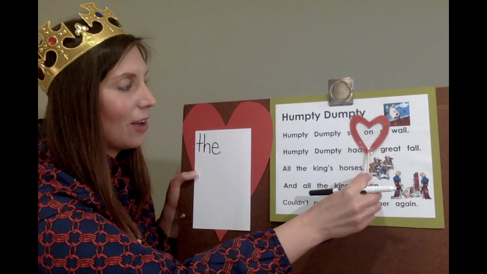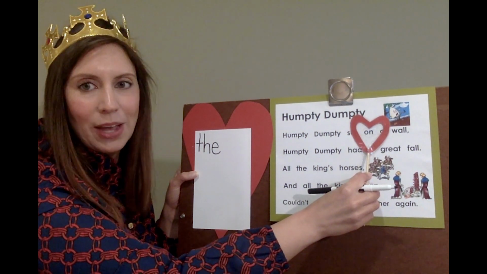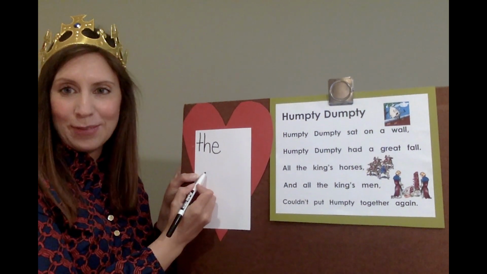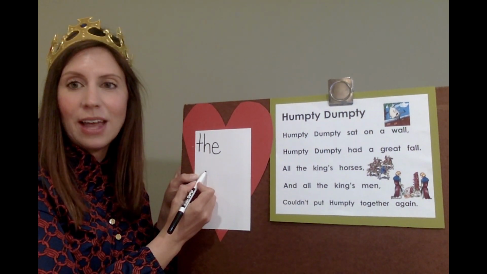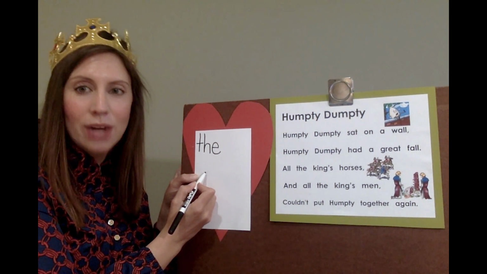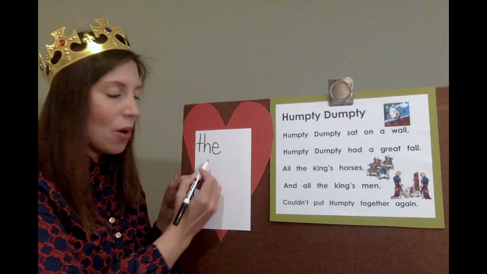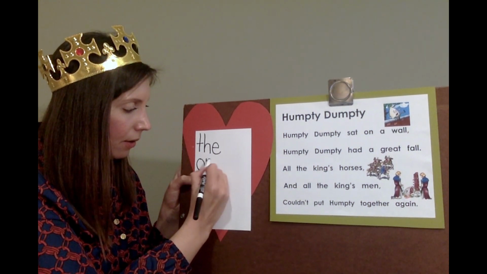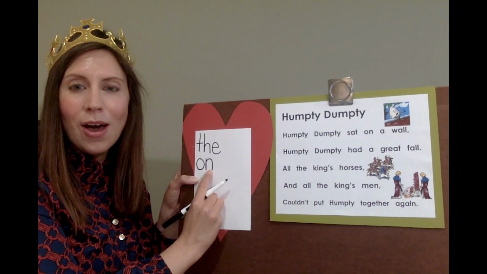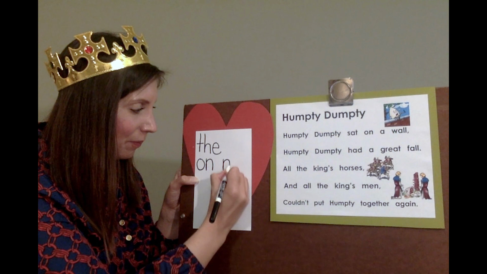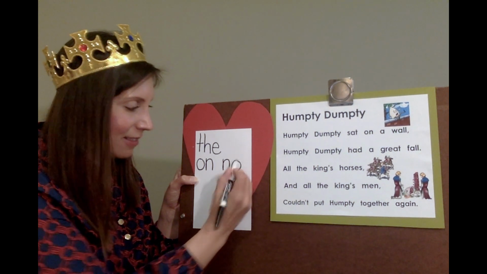I know the word on by heart. On. I used to get the words on and no mixed up, but now I know that on starts with an O. On. The word no looks like this.